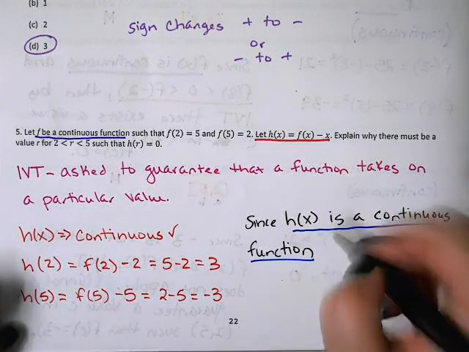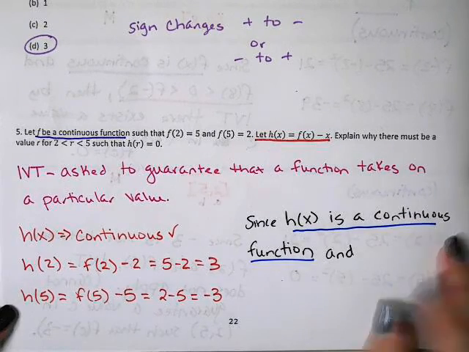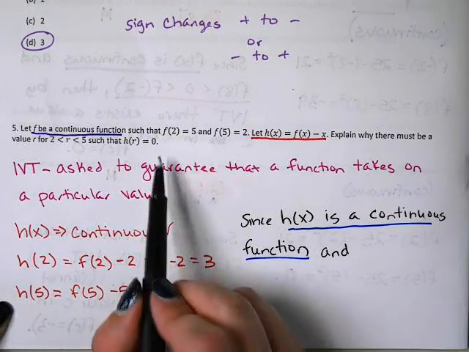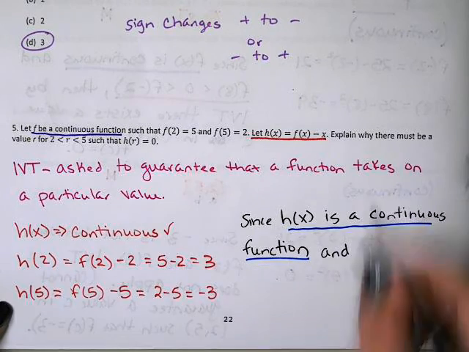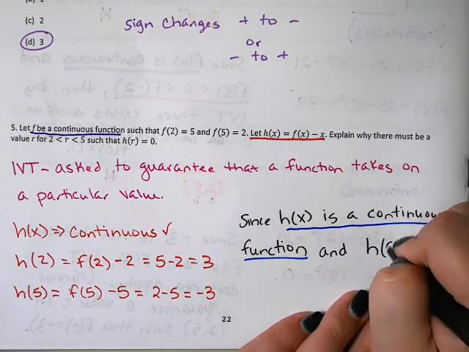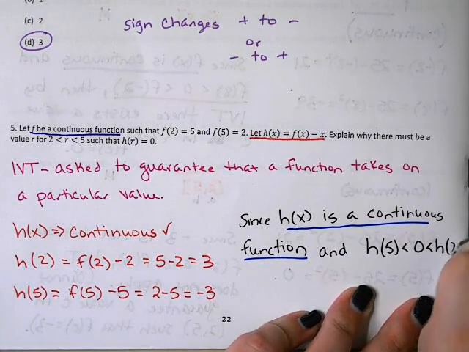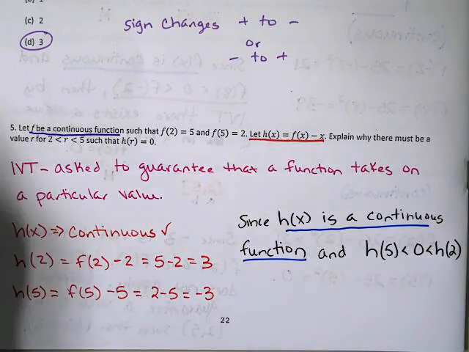And our second condition says that m has to be between f of a and f of b. So in this case, our m is 0. So 0 is between h of 5 and h of 2. That's our second condition.